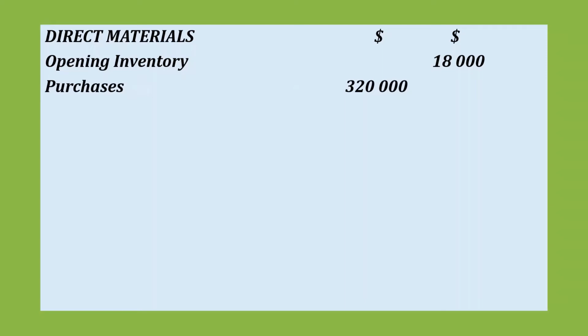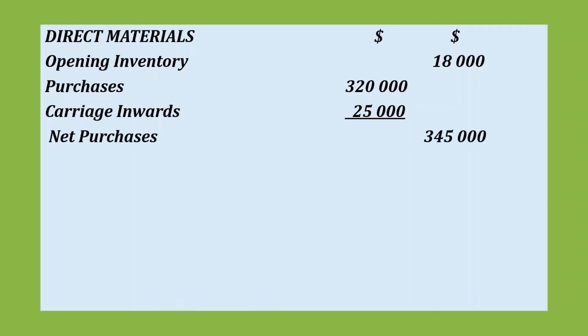First, we look at the direct materials. Start with the opening inventory, and we will add on the purchases. To that, we add the carriage inwards of 25,000. That is, we add it as part of the purchases, and net purchases will be 345,000.